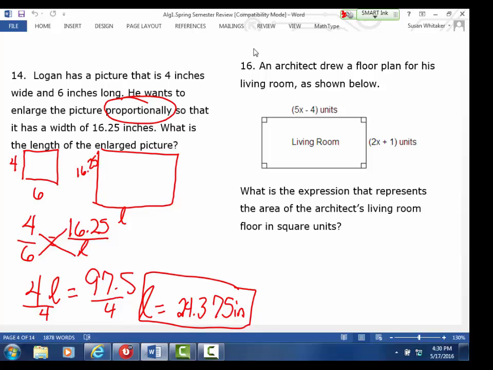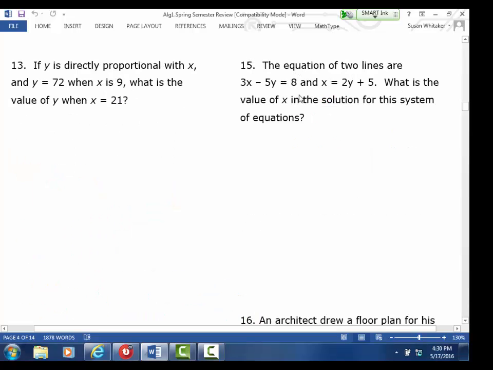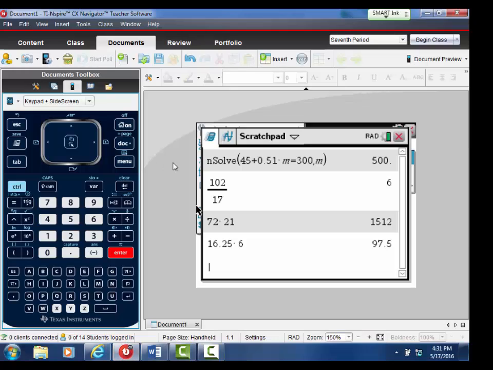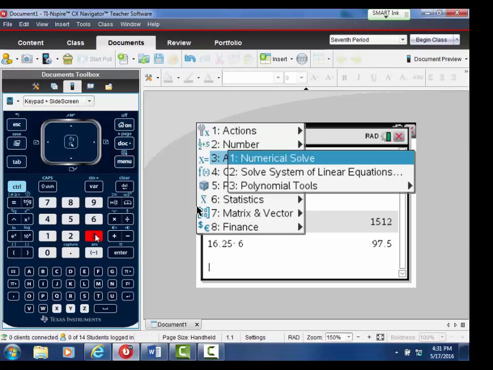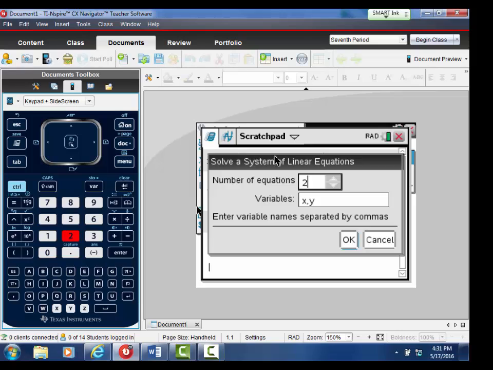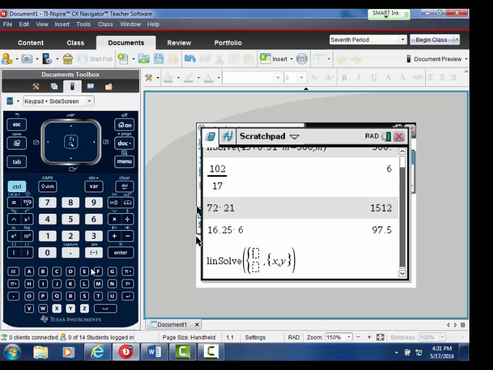Sweet. The equations of two lines are given. What is the value of x in the solution for this system? Solution for system, okay, that sounds like one we've done before. We used our calculator. We went menu 3, 2. The number of equations was 2. Our variables were x and y. And then we just type in our equation.